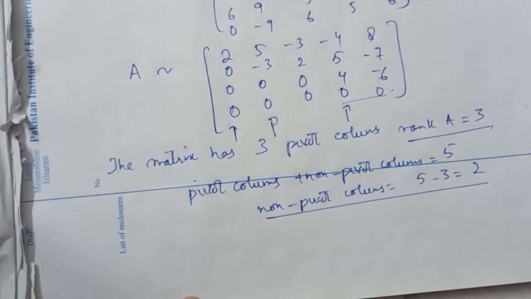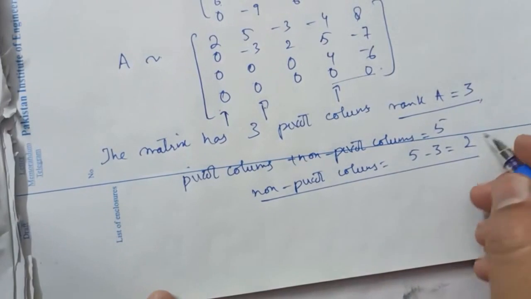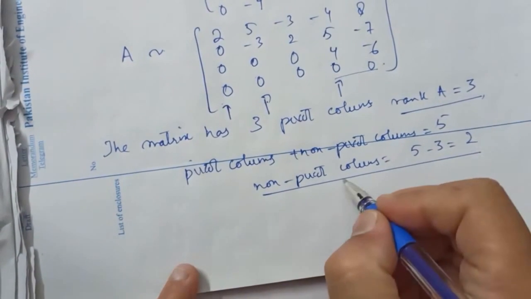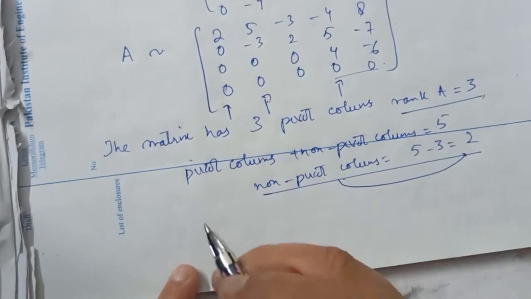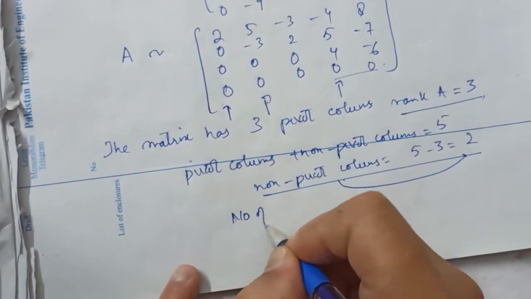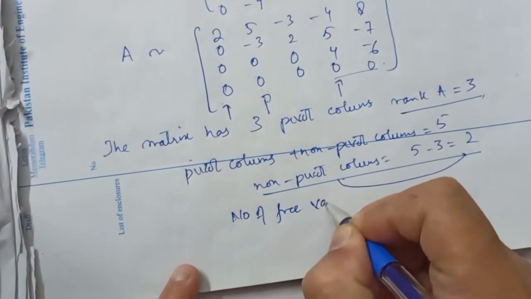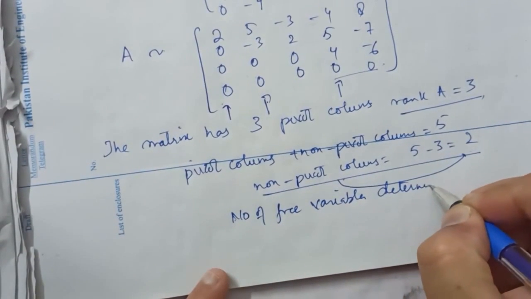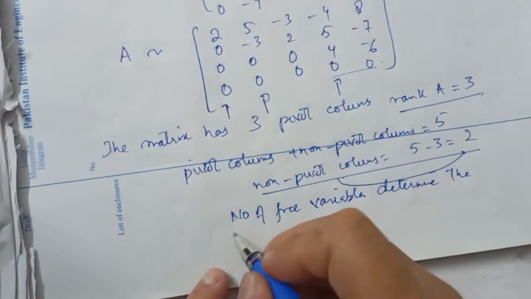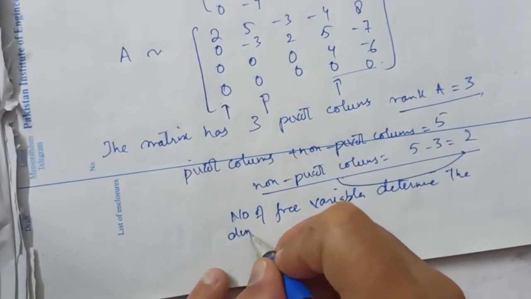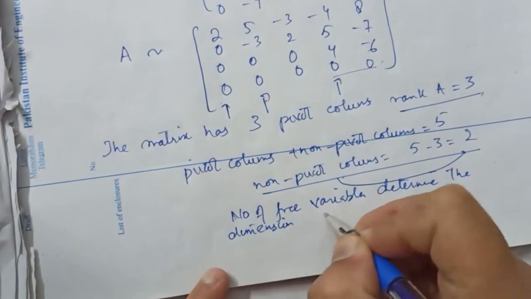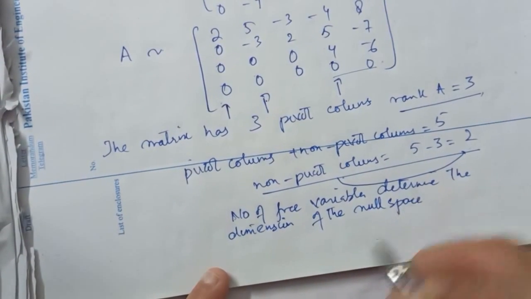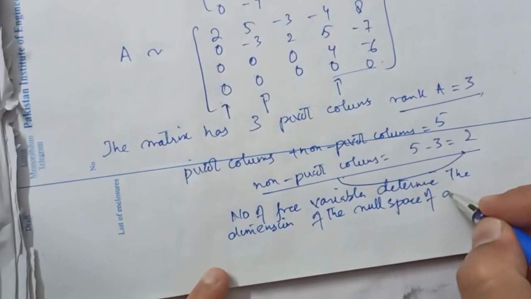And if you remember, just 5 minutes ago we discussed that these non-pivot columns relate to free variables, and the number of free variables determines the dimension of the null space of any matrix.